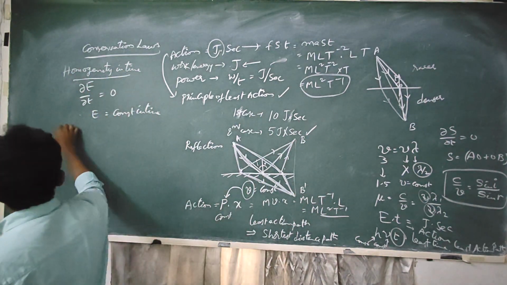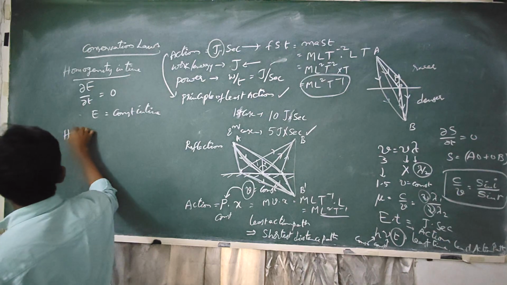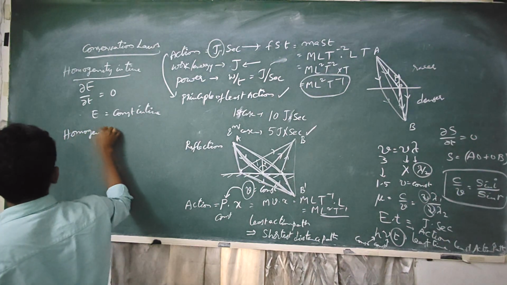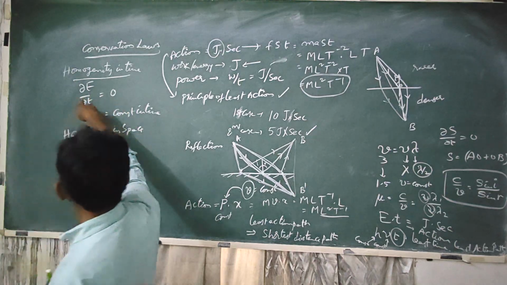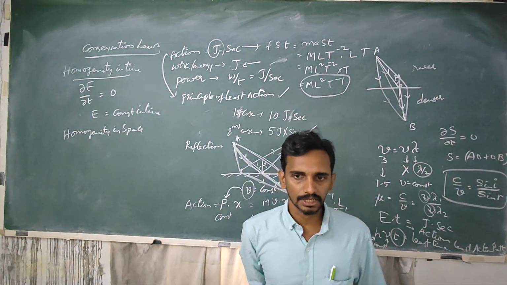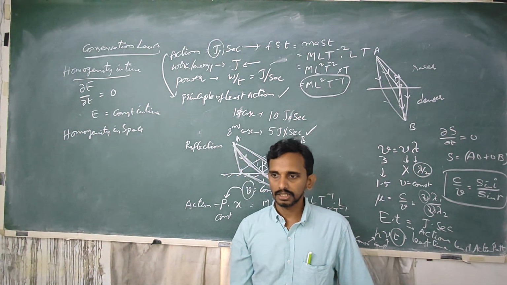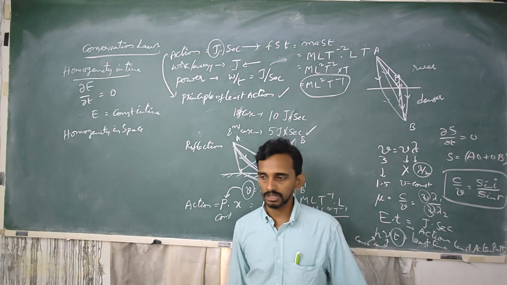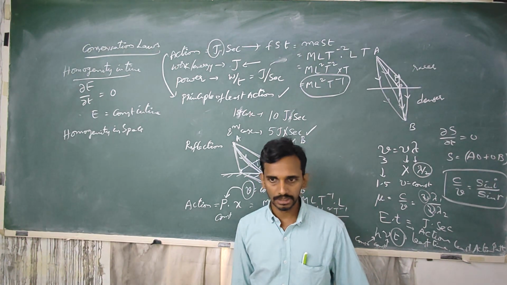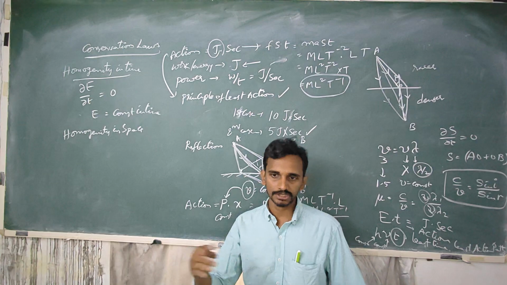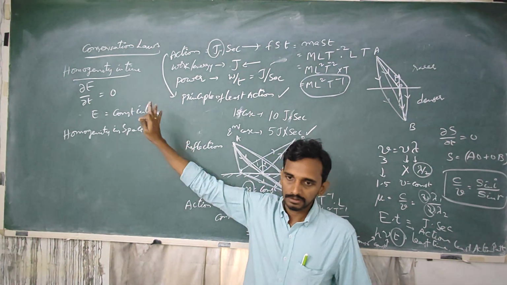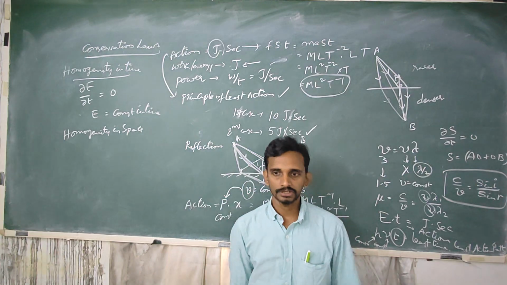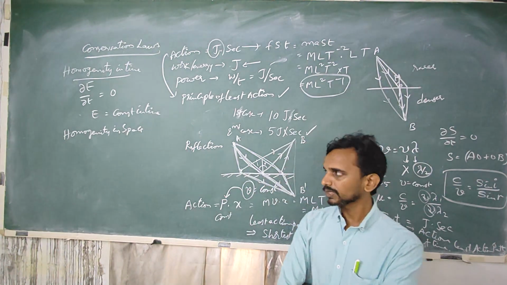Another one is homogeneity in space. As a function of time, you are studying the variations in energy, and it is constant at whatever time you are recording the data. So at 1 second, 10 seconds, 1 hour, 1 day, if the energy remains constant, the statement is energy is a constant in time.